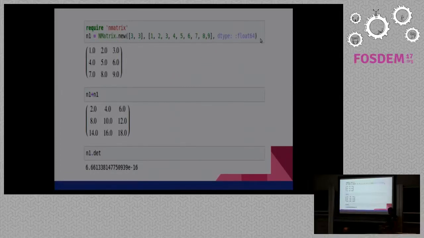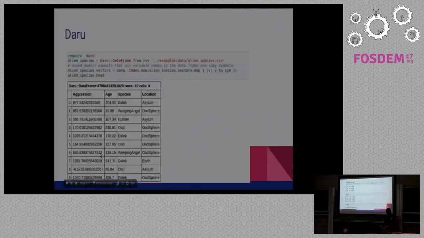Double is used for scientific computing because it has high precision, and you can't simply use float32 or float. So I created a matrix of 3 by 3. You can see that it's in row-major format: 1, 2, 3, 4, 5, 6, 7, 8, 9. In the next line of code, I just add these two matrices. And in the third line of code, I calculate the determinant of this matrix.